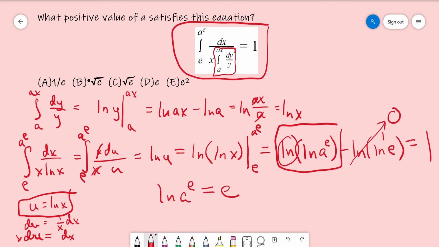Then, remembering the properties of logarithms, this exponent can come out in front. So we get e log a equals e. The e's cancel out, and we get log a equals 1, which means that a is equal to e, which is answer D.